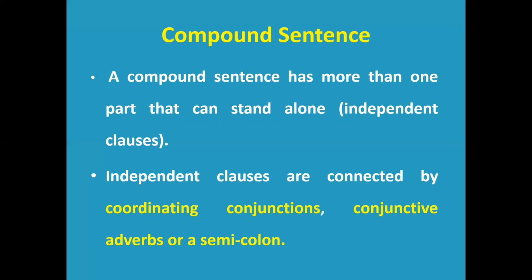Actually, types of sentences and clauses are both very important topics in English grammar, and they are just like two sides of a coin. We are not able to learn types of sentences without understanding clauses, and we cannot learn clauses without knowing anything about types of sentences.